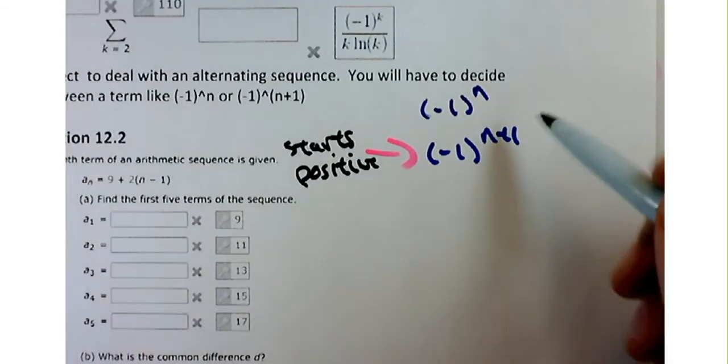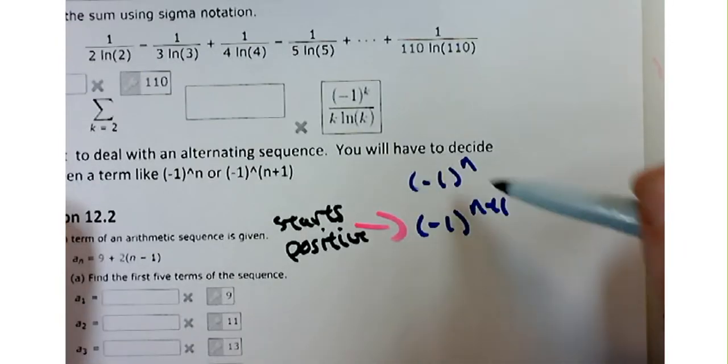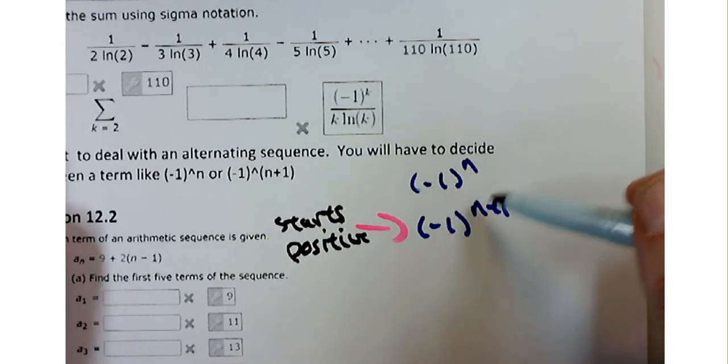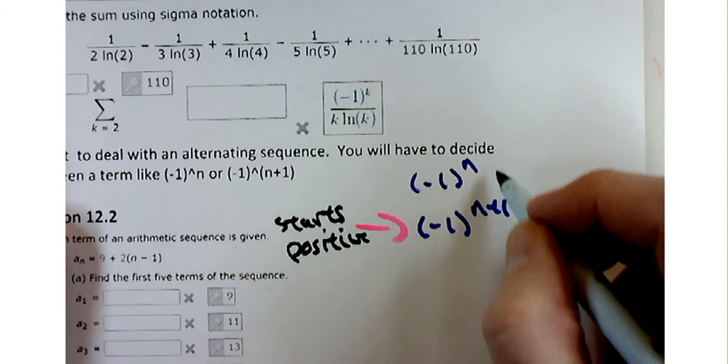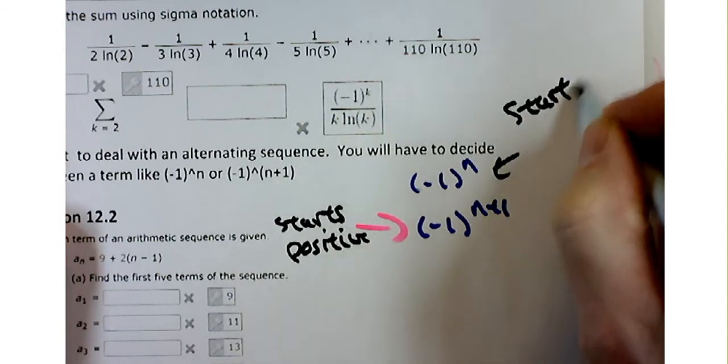I hinted at this with one of the problems that you could be given, to find the general pattern of a sequence, something like this. I'd probably make it alternating like this. That means you have to decide, do I want to include a (-1) to the n term or (-1) to the n plus 1 term? This one is going to start out with a negative.